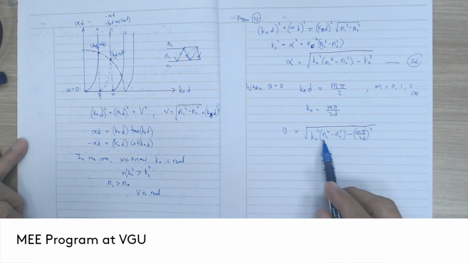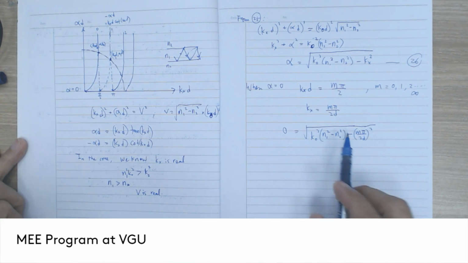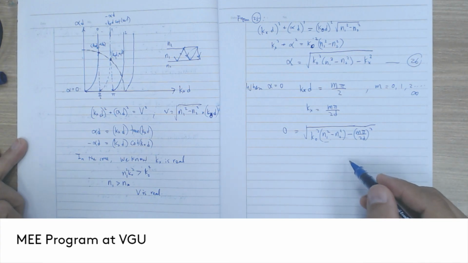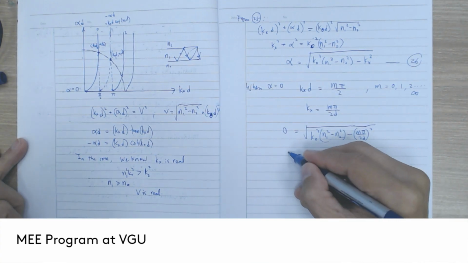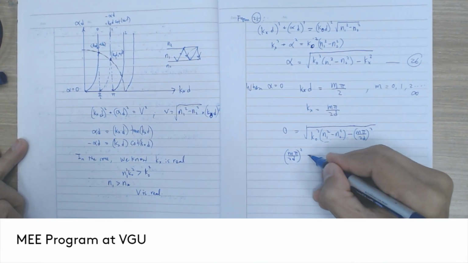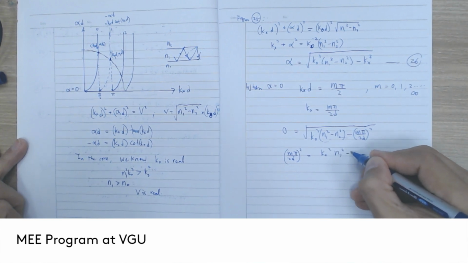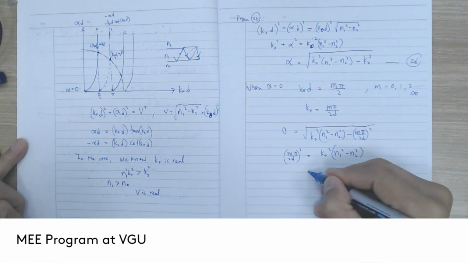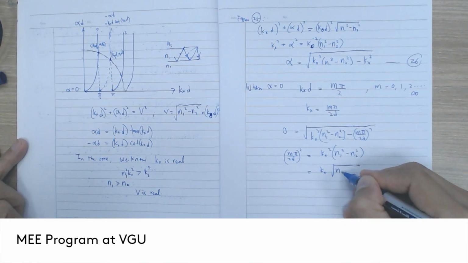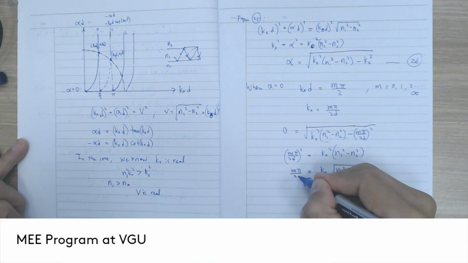Now, the only way for this value to be 0 is for both terms inside the square root to be the same. So m pi over 2d square is equal to k naught square n1 square minus n2 square, or you will just do the square root, and then m pi over 2d.